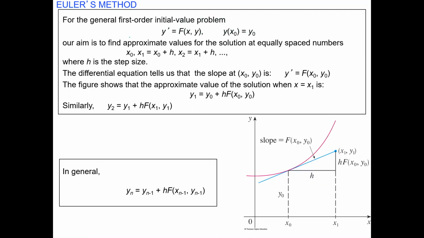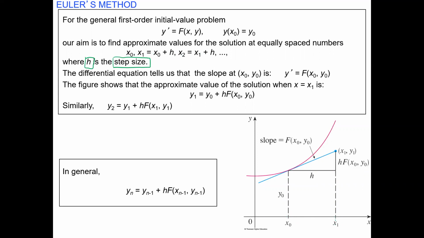Our aim is to find approximate values for the solution at equally spaced numbers. We start at x sub 0, then go to x sub 1, x sub 2, jumping by h, which we call the step size.